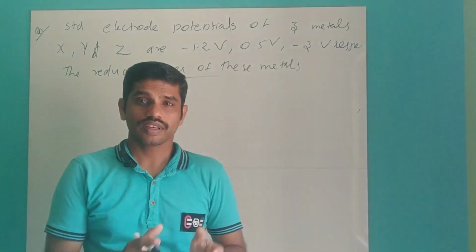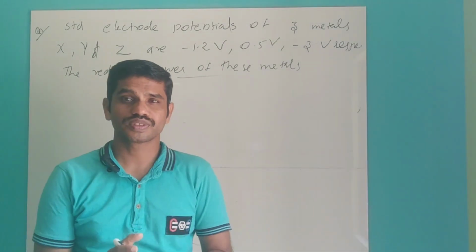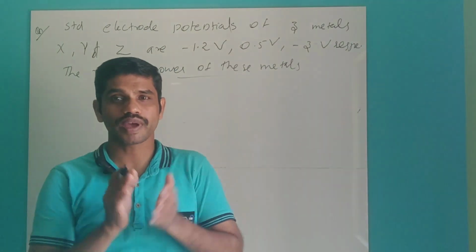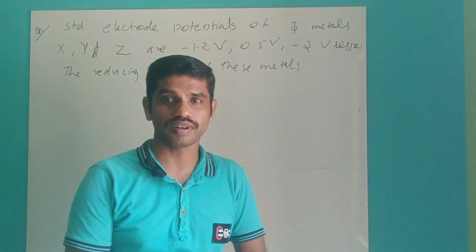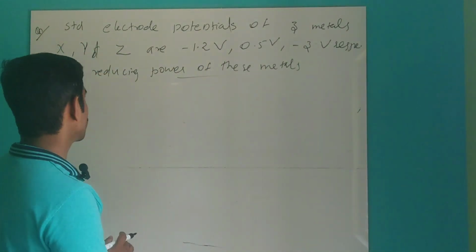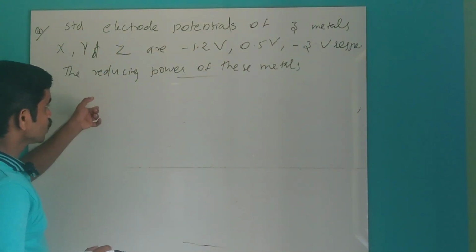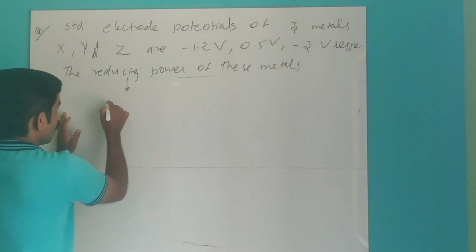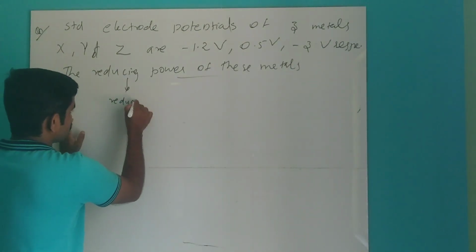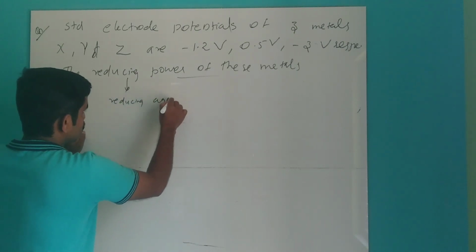So till here we have discussed all the questions following the same pattern. If you understand the concept, you can answer all the questions from this topic very simply. So reducing power means it is a reducing agent.